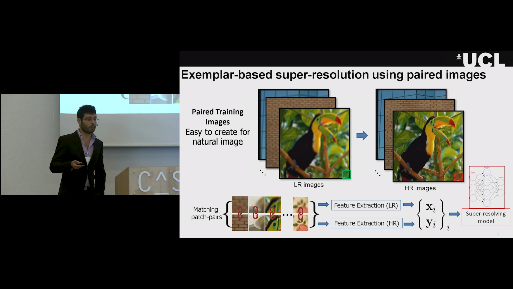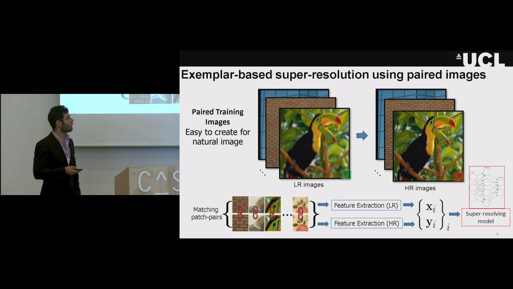This approach works fine when there are cameras available that can generate these high-quality images. And the low-res images can be derived, for example, by downsampling the high-res images or adding noise to them.